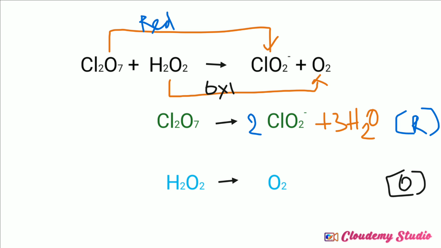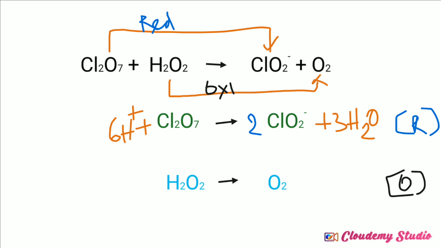Therefore, on the left hand side we need to add 6 hydrogen ions, in order to balance the hydrogen atoms.